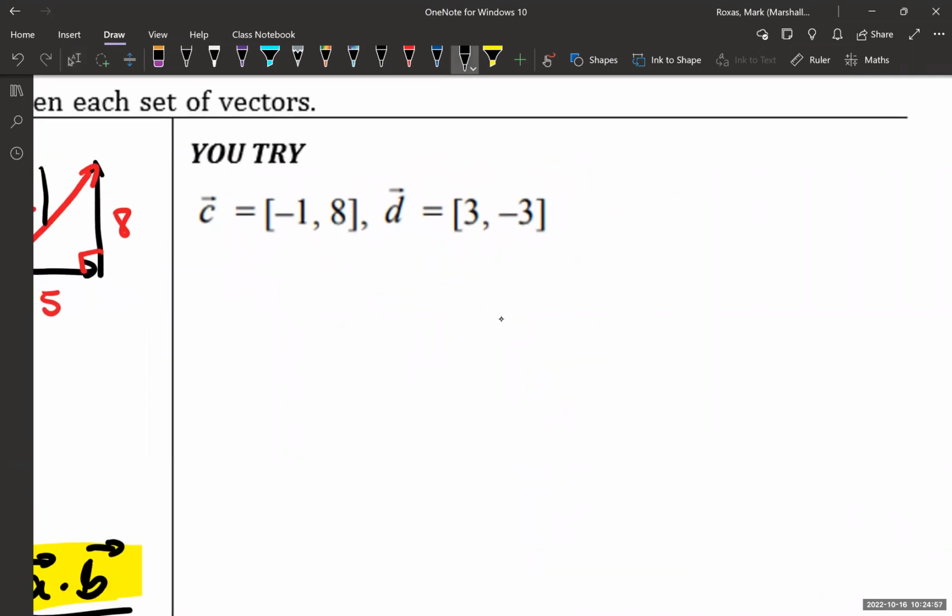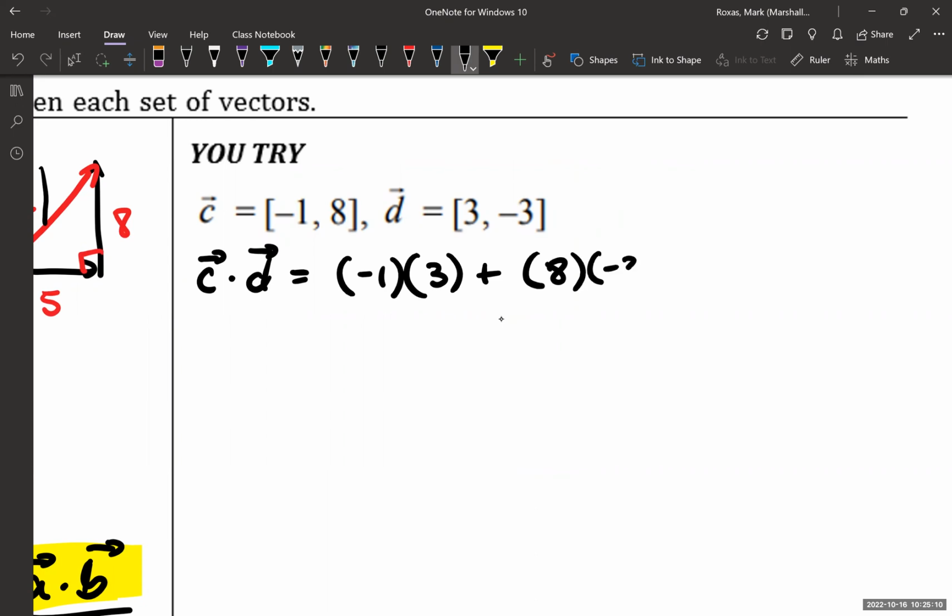The dot product between C and D is going to be, again, multiplying the x components, -1 and 3, plus the product of the y components, 8 times -3, which is equal to -3 minus 24, which is -27. So there's our dot product.